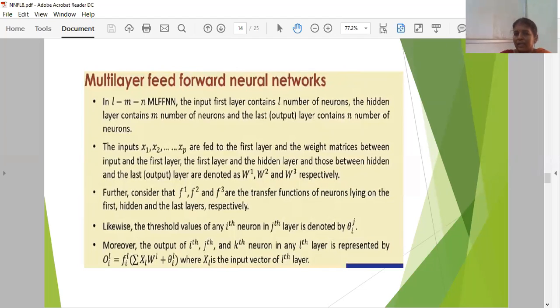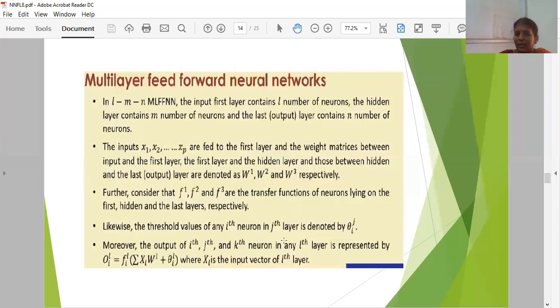Correspondingly, the threshold value for the ith neuron in the jth layer is denoted by theta with suffix i, suffix j.